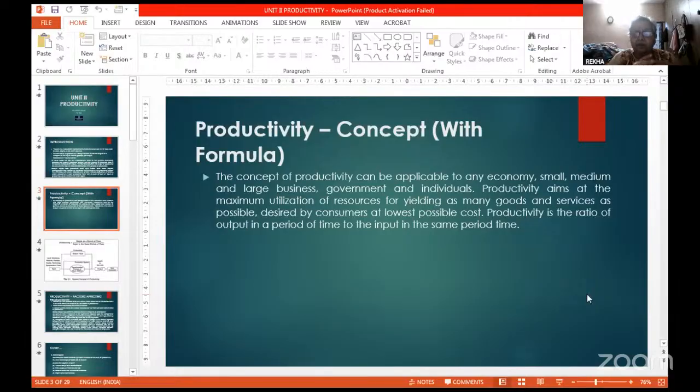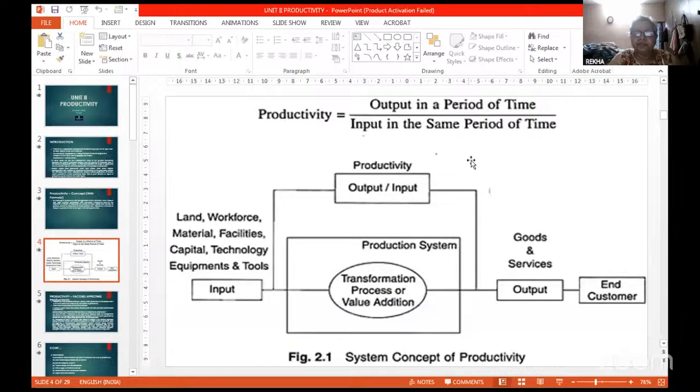Productivity is the ratio of output in a period of time to the input in the same period of time. So this is a diagram. Productivity is equal to output in a period of time divided by input in the same period of time. So what is input? Land, workforce, material, facilities, capital, technology, equipment, and tools. Productivity as already defined is output divided by input.